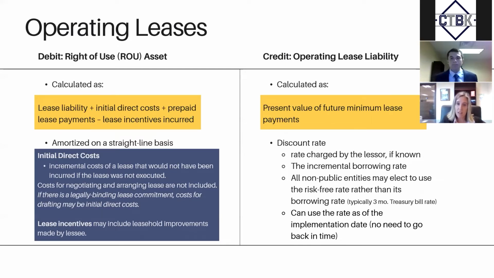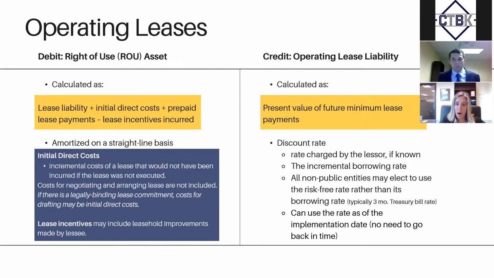The discount rate that you would use in that calculation, there are a few options. If the contract actually has a rate within it, that rate would first be used. However, in many leases, there may be no rate specifically identified in the lease. In that case, the lessee has the option to use their incremental borrowing rate.